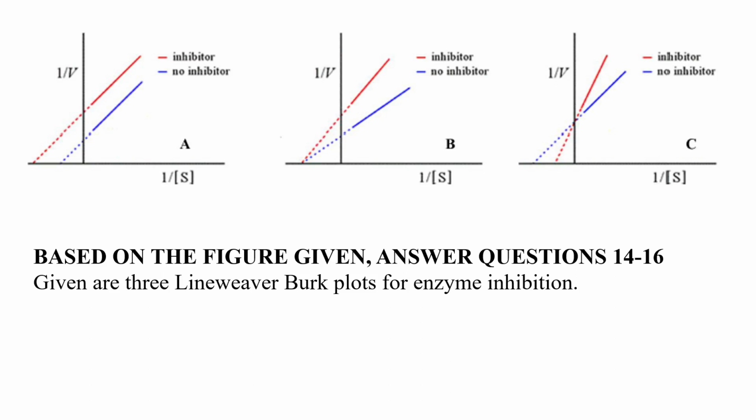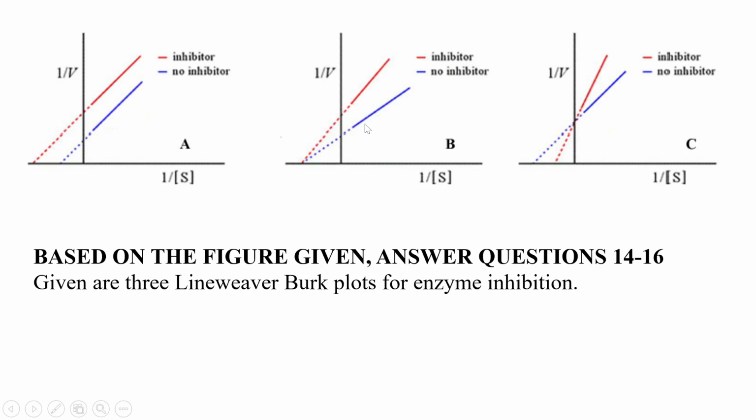As I have told you, in case of competitive inhibition, since the inhibitor and the substrate are competing for the same site, if we keep on increasing the substrate concentration, the enzyme can reach that same Vmax. So the Vmax does not change, but the Km increases. In the other two cases, the Vmax is changing. So C is competitive inhibition.